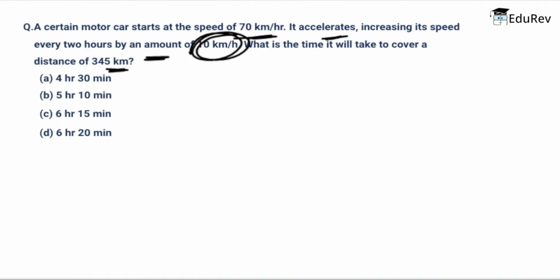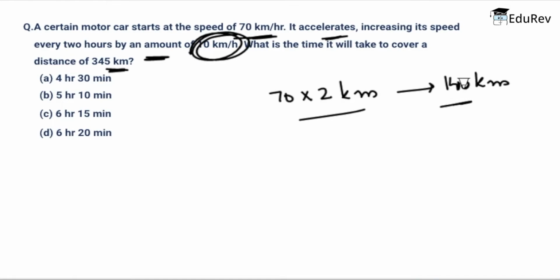Otherwise, let's solve it. So we know that the distance that the car covers in the first 2 hours is 70 into 2 kilometers. Correct? That is nothing but 140 kilometers.